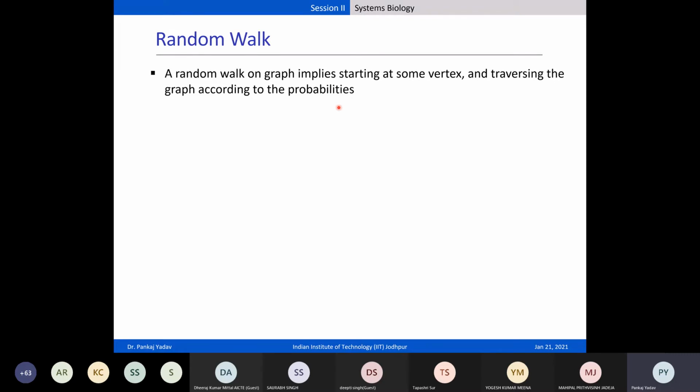Each time you start with a random node, and then probabilities are assigned to jump from one node to another, and these probabilities make it a random walk, because you can take this way or that way depending on the probability of going between the nodes.